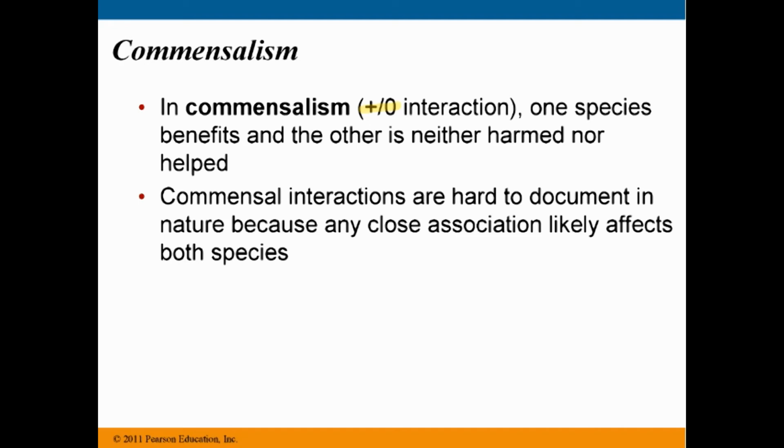Commensalism is a +0 interaction. So in commensalism, one species benefits and the other is neither harmed nor helped. Commensal interactions are very hard to document in nature because once you're in a very close association that comes with mutualism, it's going to more than likely affect both species in some ways, and a lot of times we just can't see what the benefits may be to both sides.